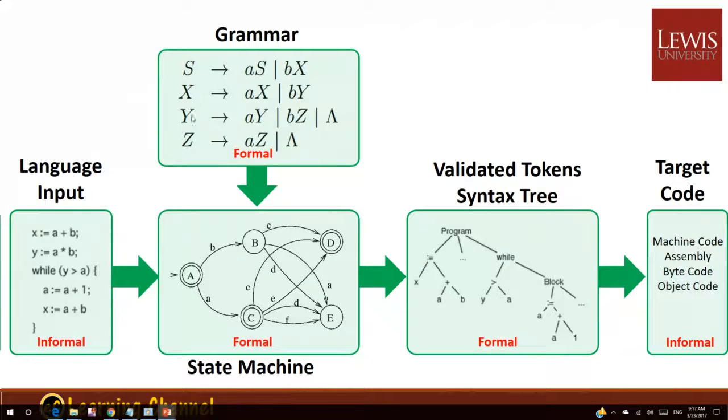Formal language is generated by this, and we use that to define the programming language and also to design the whole compiler. This is what we are going to learn in chapters 2, 3, 4 in weeks 1, 2, and 3. That's why this chart is very important.